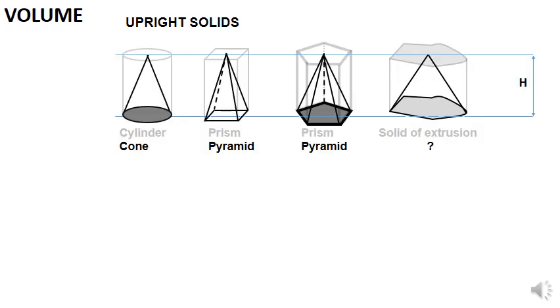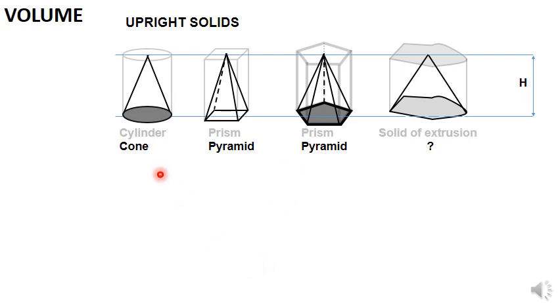We have another form of volume of solids in upright position. These solids, which we have illustrated earlier, the cylinder, prism, and other solids of extrusion, may take this form. If we reduce the cross-sectional area of the base as we go along the length of the solid, we will generate this shape.